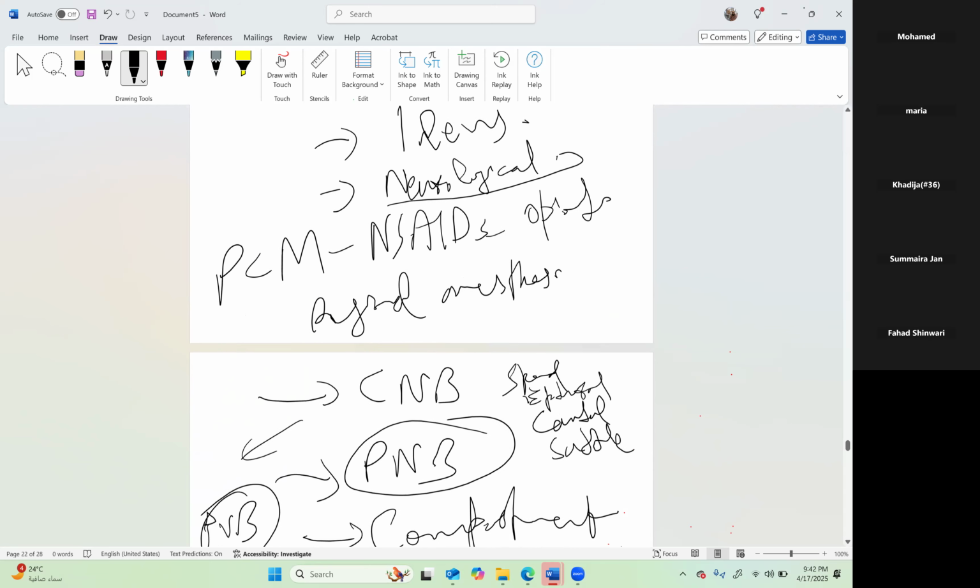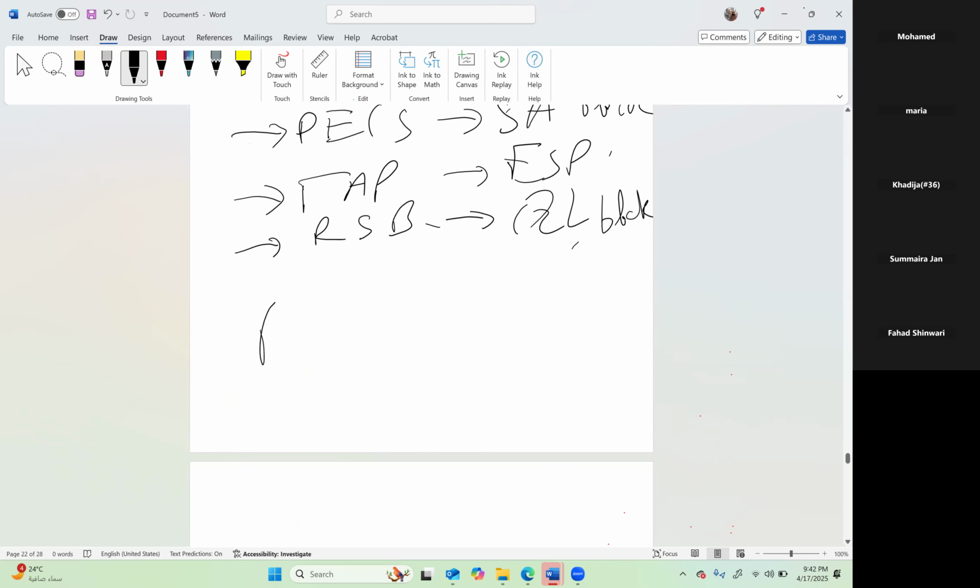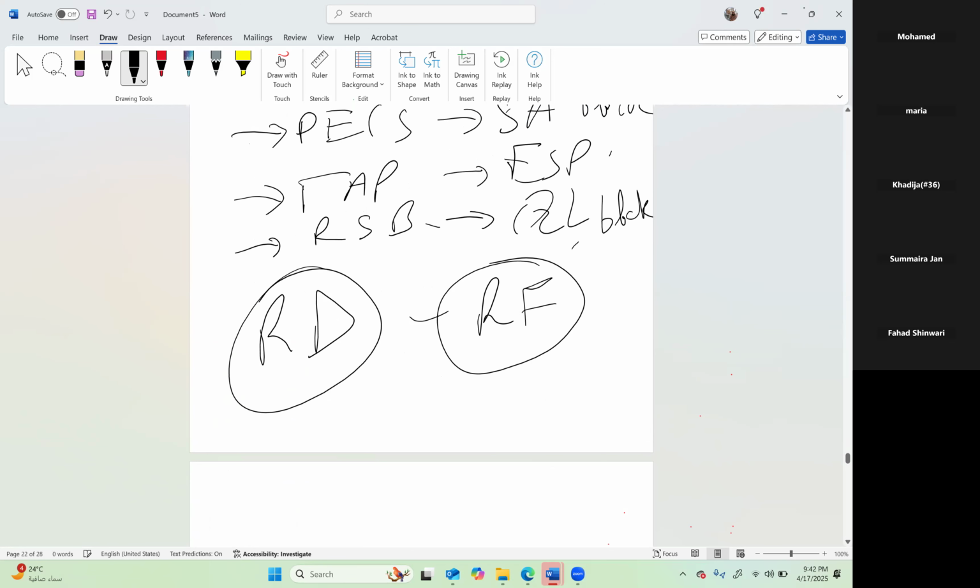By the way, what is the difference between respiratory depression and respiratory failure? Depression is in the form of hypoventilation, where everything is intact, PO2 and PCO2 are not affected.